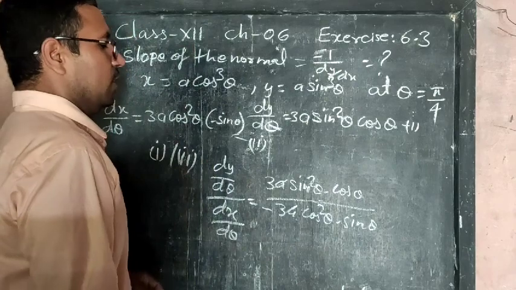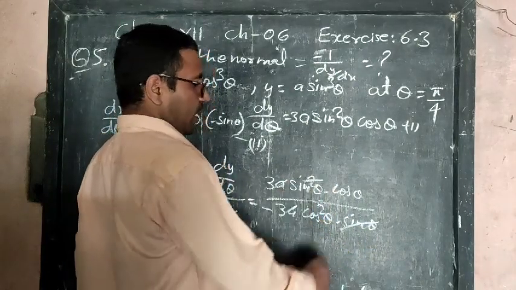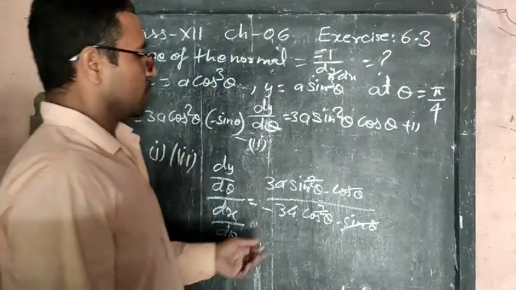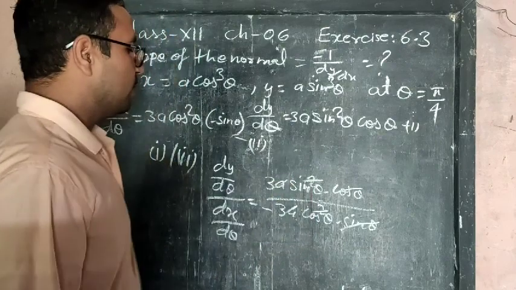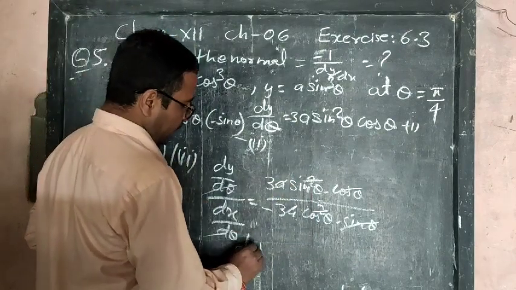Now 3a and 3a can be cancelled. Sin theta can be cancelled one time, and cos can be cancelled one time. So what is remaining here? Sin theta upon cos theta, that will give you tan theta, with the minus sign, and d theta can be cancelled.